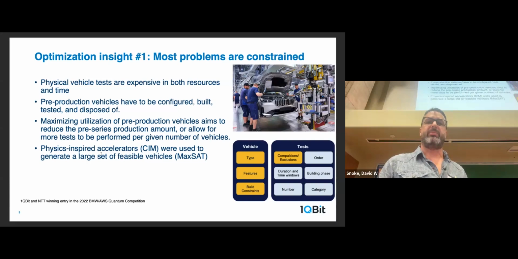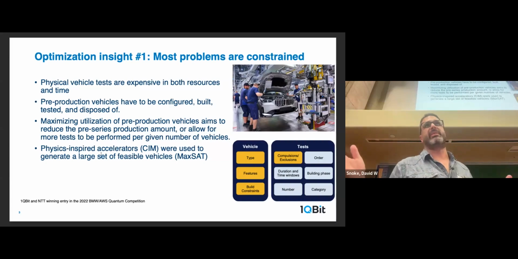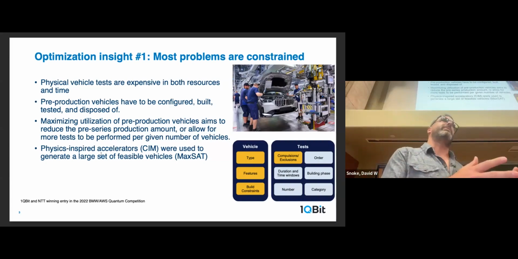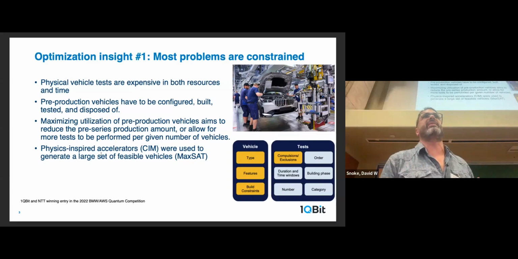I want to discuss 3 examples of projects that we worked on. This was a collaboration with NTT on a project proposed by BMW. They have this pre-production problem where they need to build test vehicles before they start a new line of vehicles, and they have to pass thousands of tests. So they obviously want to build as few vehicles as possible and reuse them as much as possible with tests.